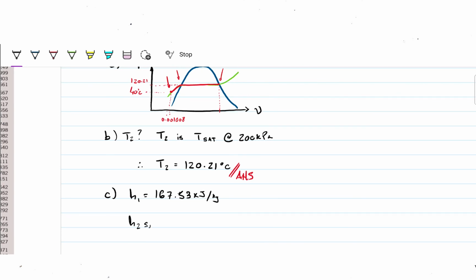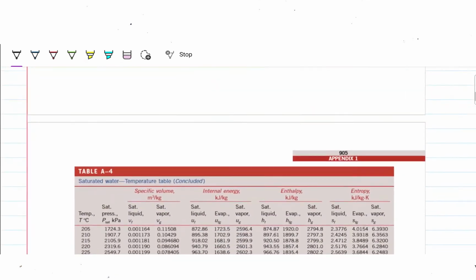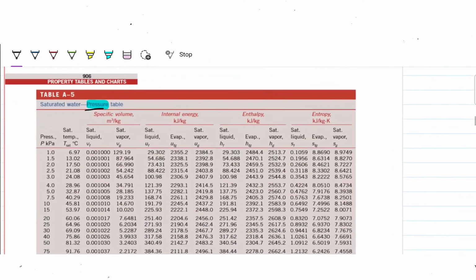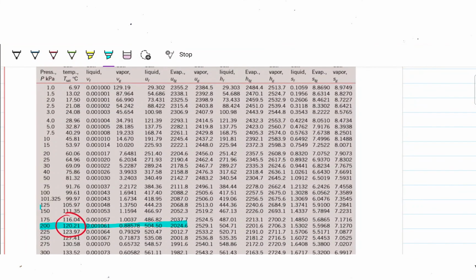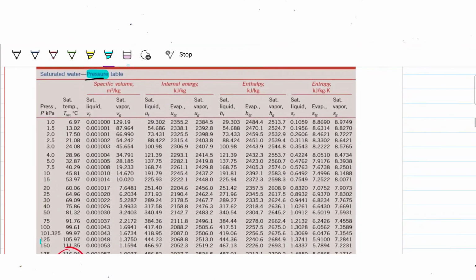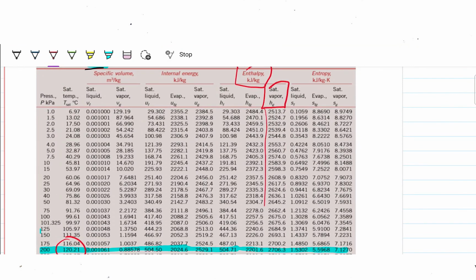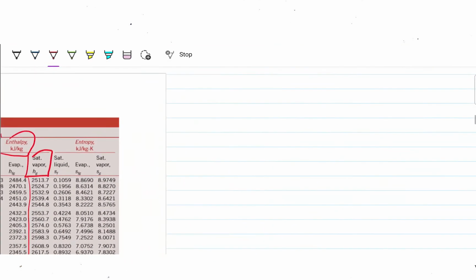That's going to be the saturated vapor enthalpy. Where's my pressure table? The 200 is there. Let me continue this line here rightwards, and I'm looking for the enthalpy for the saturated vapor. Okay, so I'm looking for this guy here, 2706.3.